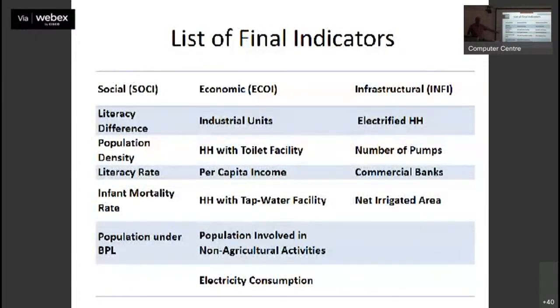And all of them are in relative terms, not in index form. They are either in percentage or ratio terms. But we cannot add these. We cannot add literacy difference with the population density. In order to make it additive, we have to convert into index. So relative terms, we have to convert into index in order to have a composite index.